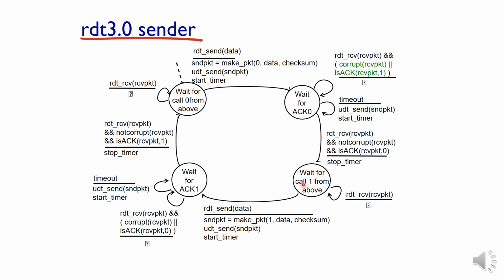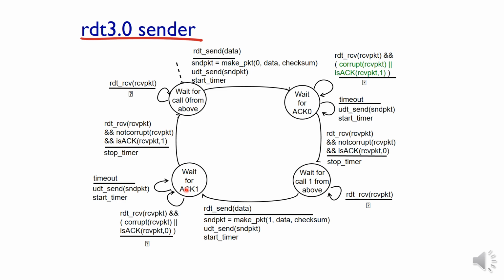After the timer is started, the sender is waiting for the acknowledgement of the respective state. That is, after call 1, it is waiting for acknowledgement 1. After call 0, it waits for acknowledgement 0.